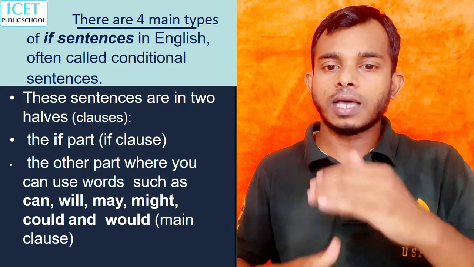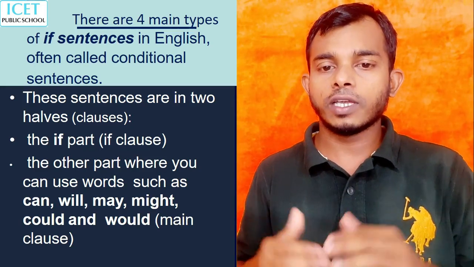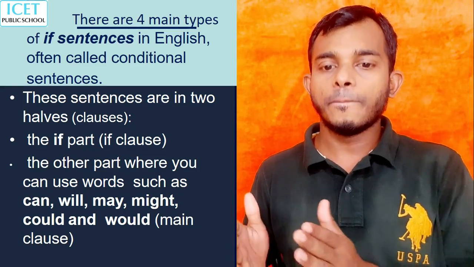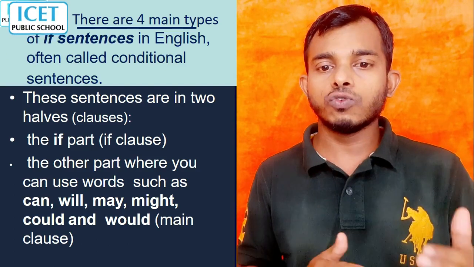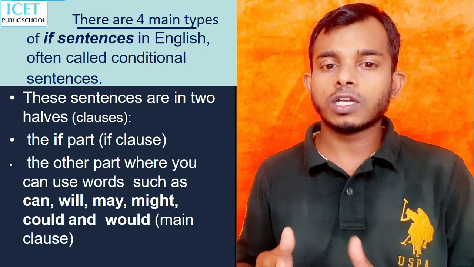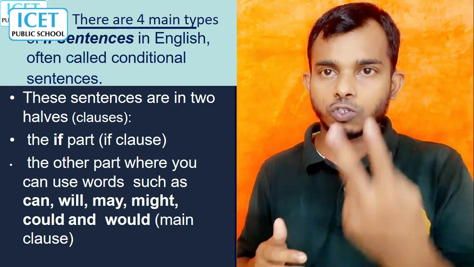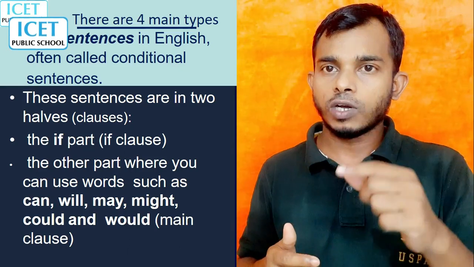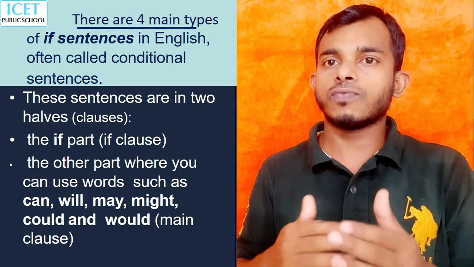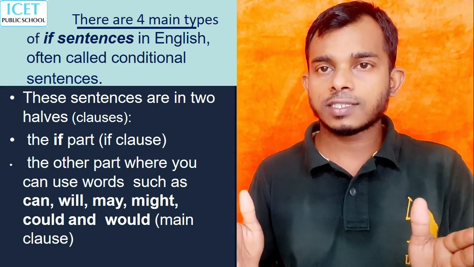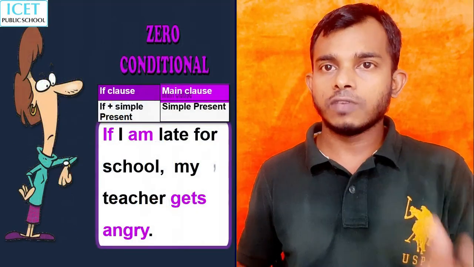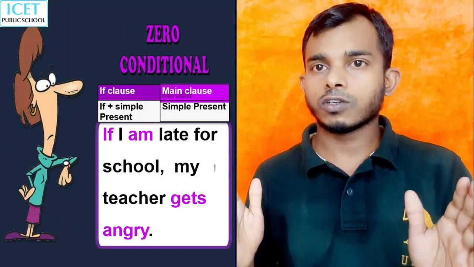In the other part you can use words such as can, will, may, might, could and would. That will come in the main clause. So there are two clauses in that sentence: the if clause and the main clause. In a conditional sentence, there will be two parts, one called the if clause, the other called the main clause.